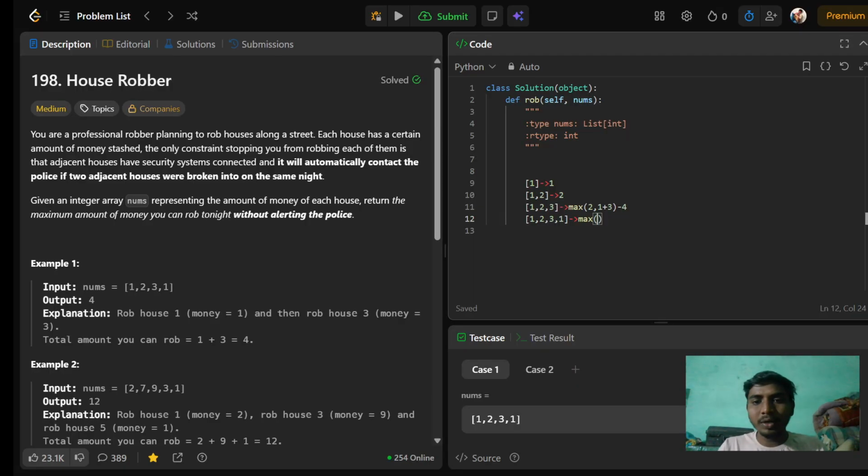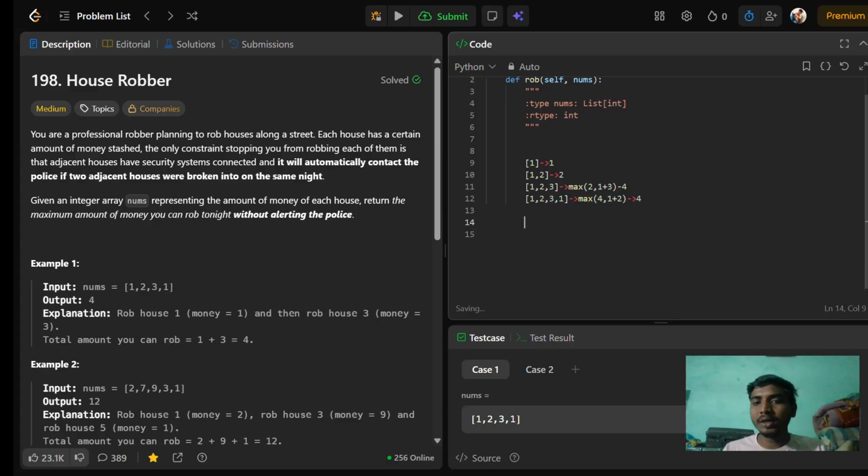By considering both options, he can rob a maximum amount of 4. Likewise, if we go on, we can easily find the solution for the bigger problem.